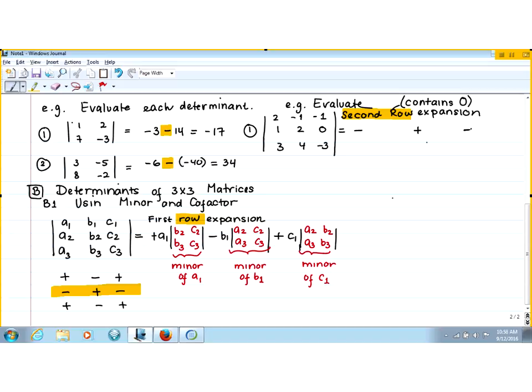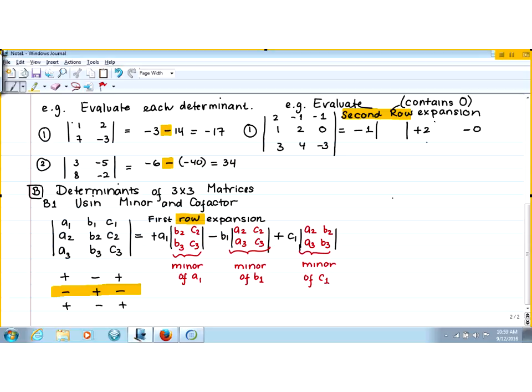That's the signs for my second row. Now, I'm going to write down all the elements of the second row, which are 1, 2, 0. Those are the entries on the second row, right?